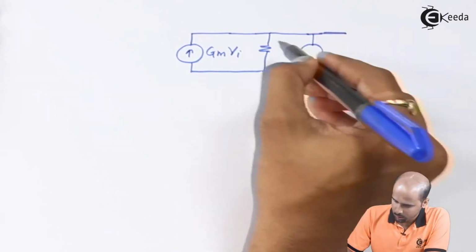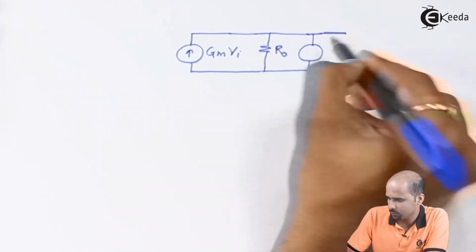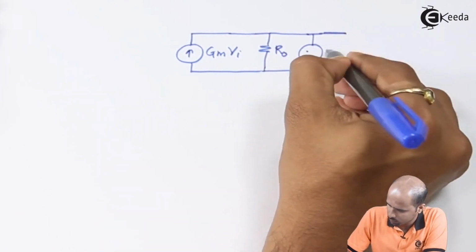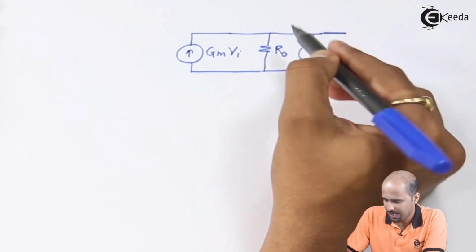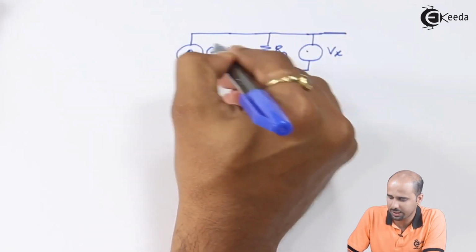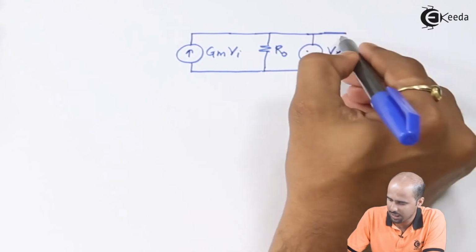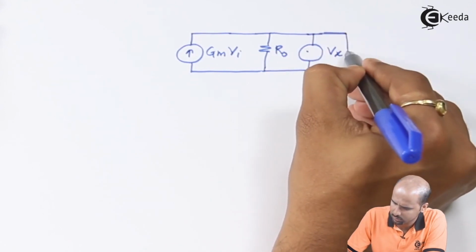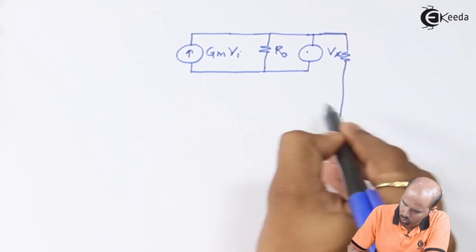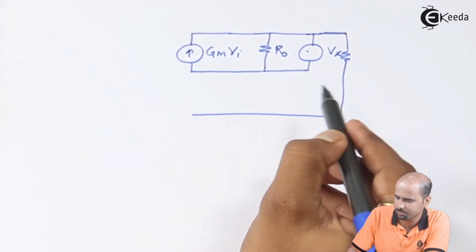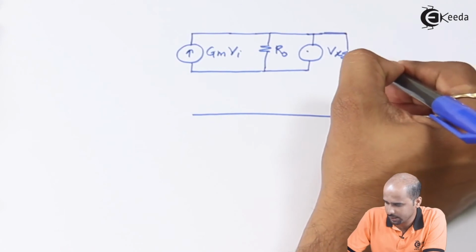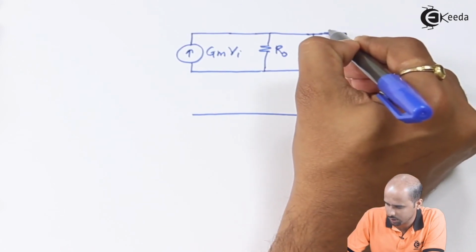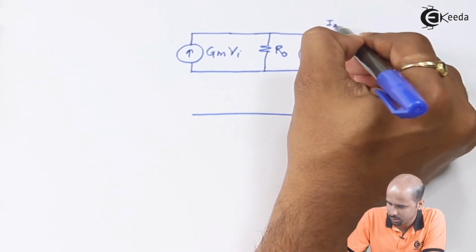Clear? This is nothing but your current source. One load resistance will be there in the picture, right? And I can say this is nothing but your current Ix, right?